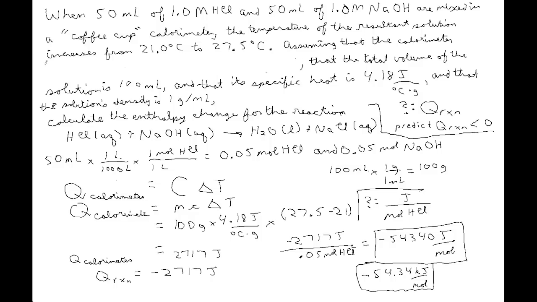Assume that the calorimeter has a heat capacity of 400 joules per degree Celsius. Now, when they phrase it that way, they mean the solid portions of the calorimeter, like the styrofoam cup and the stirrer and the thermometer and the stopper at the top. And then they say the liquid solution has this specific heat.